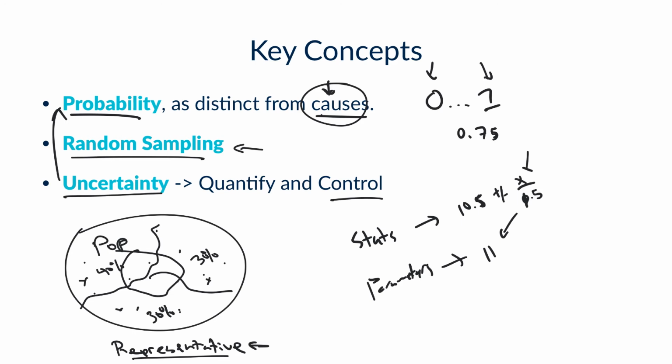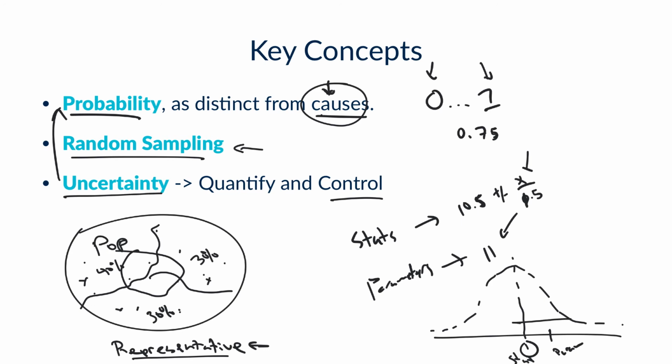Most of the time, let's say our parameter is here, and when we measure our sample, we get something like this. This is the value of our statistic, and the true value is over here. So there's some uncertainty.